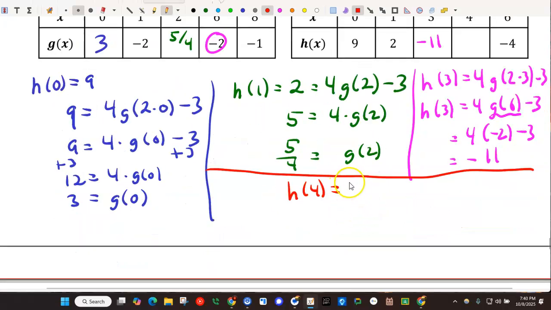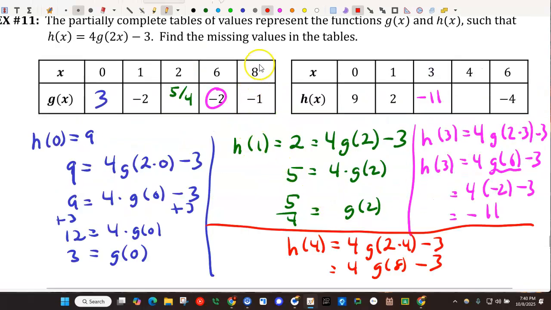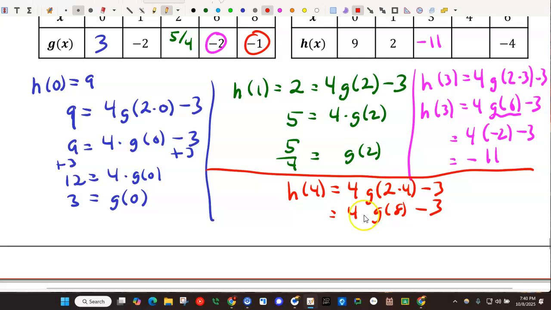It's going to be 4 times g of 2 times 4, minus 3, which of course is going to be 4 times g of 8. And g of 8 we know is -1, so it's going to be 4 times -1 minus 3. Give us an answer of, what is that, -7. Yeah, -7. There we go.